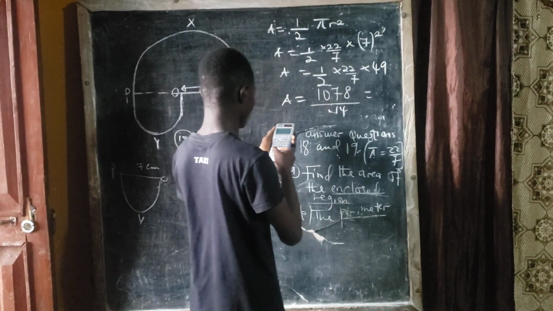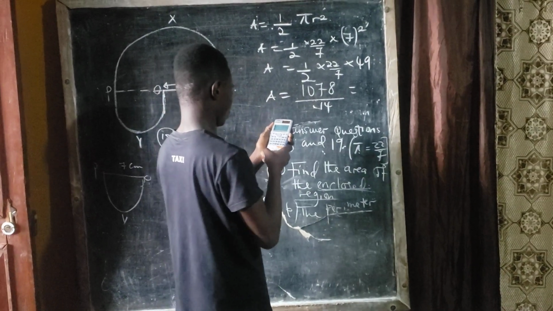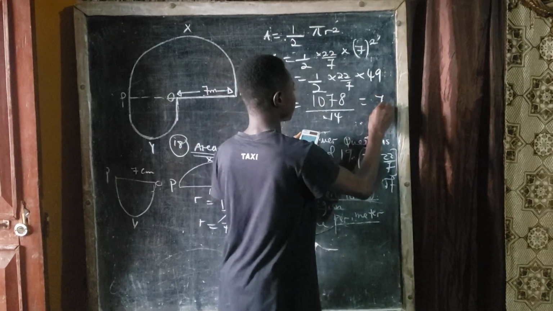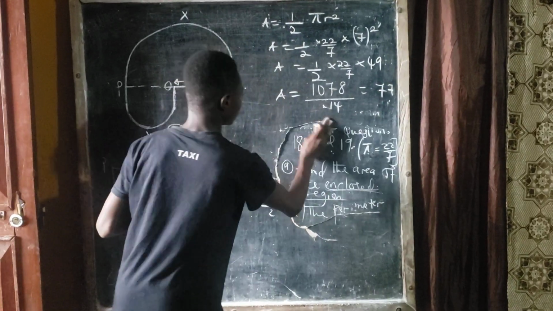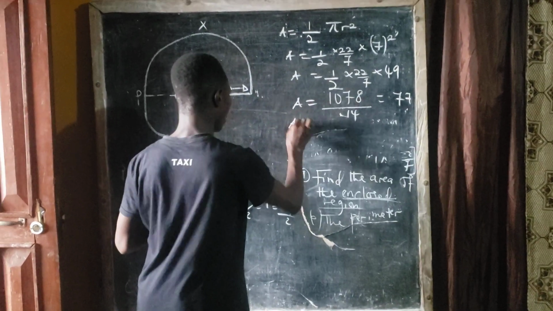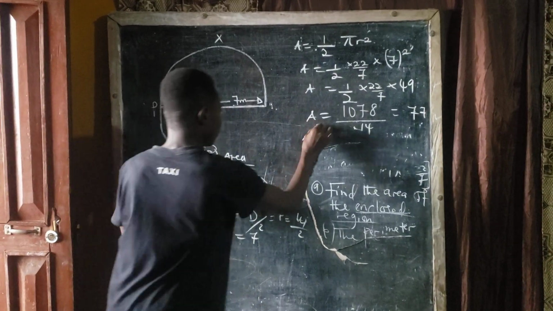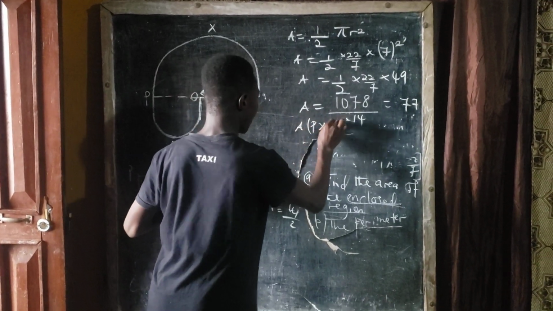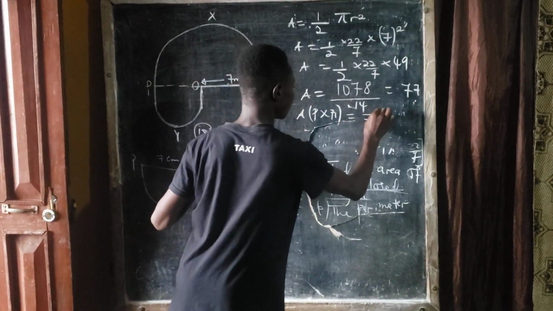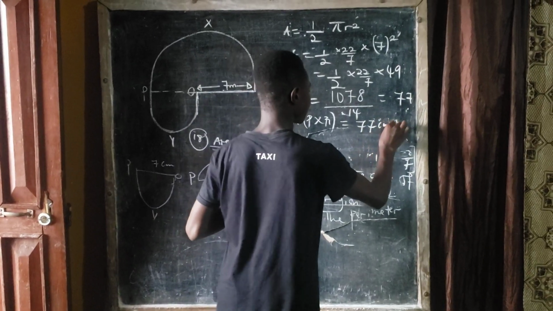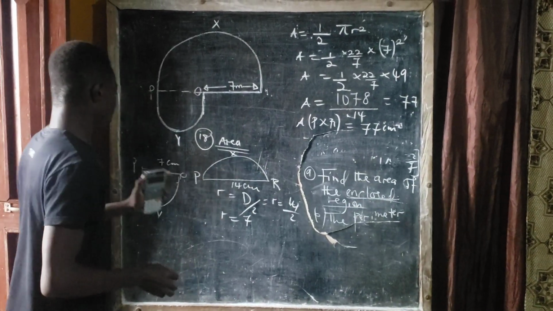This is equal to 77. So the area of this first semicircle, PXR, is 77 cm squared.